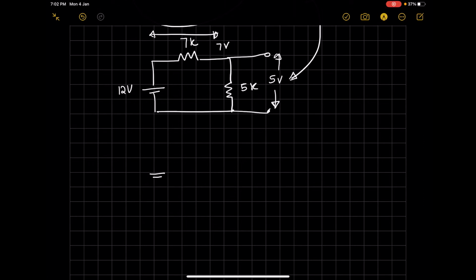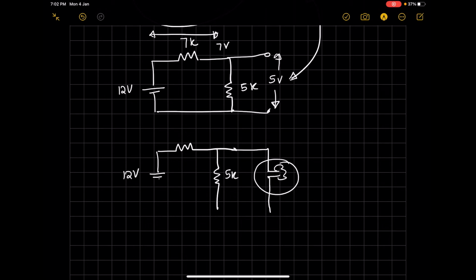So you have the 12 volt supply, 7 kilo ohm followed by the 5 kilo ohm and a bulb. This bulb usually has a resistance from somewhere around 5 to 10 ohms. The resistance comes from the filament of the bulb. So let's assume it to be 10 ohms for this case.